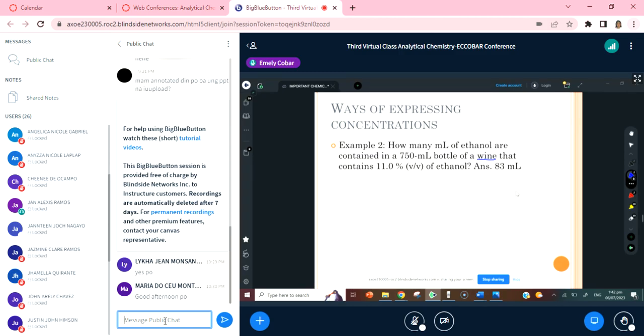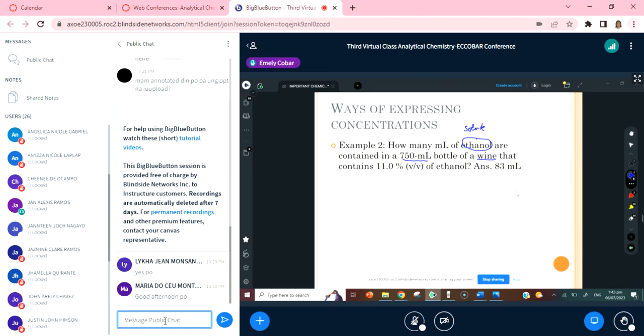Since it is placed in a 750 ml bottle, so yung wine natin is 750 ml. Okay, that's the solution. Now, ano ba yung active ingredient sa wine, di ba? Ethyl alcohol. Okay, kaya yung solute na nandoon, si ethyl alcohol, ito. This is the solute.